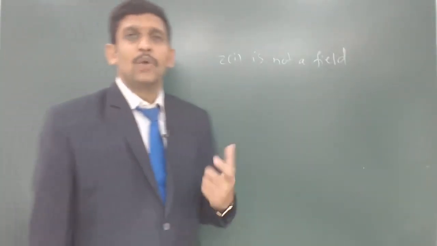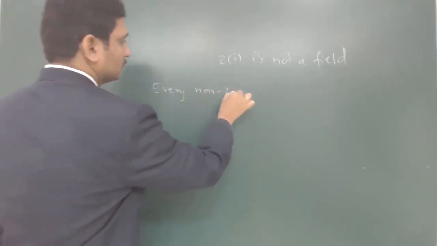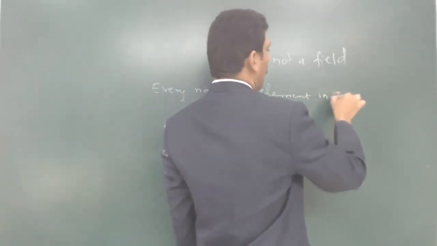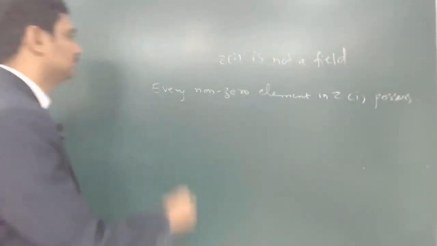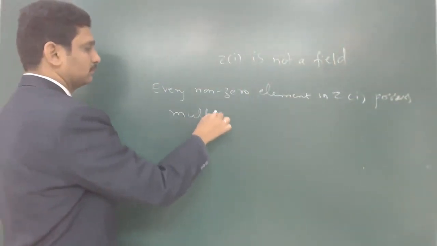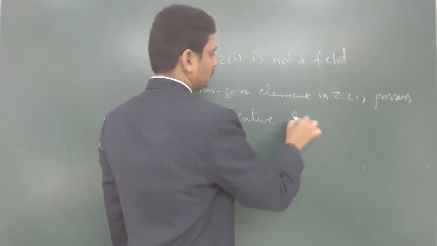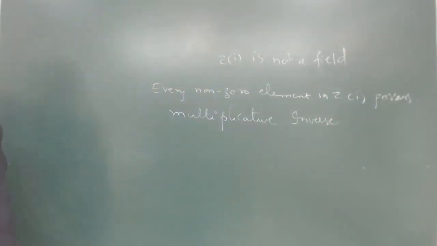While checking for the inverse, we have to show that every non-zero element in Z of I possesses a multiplicative inverse.